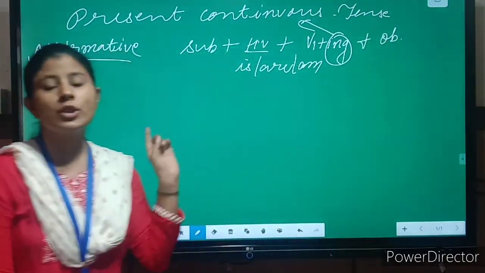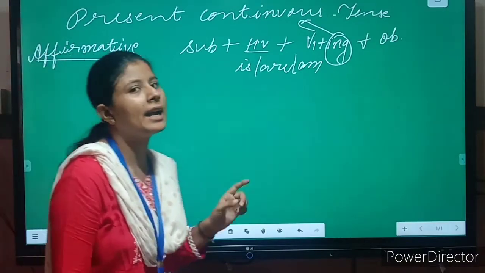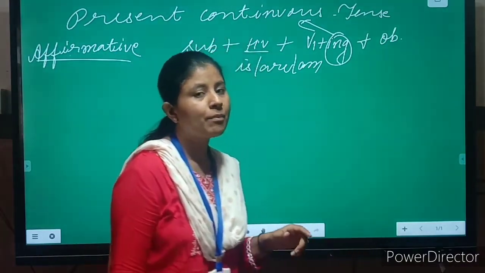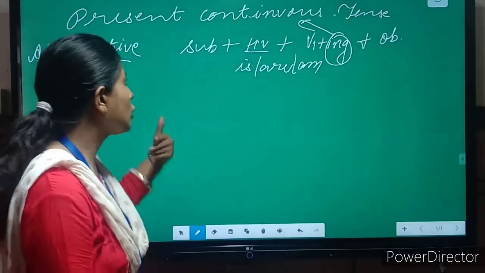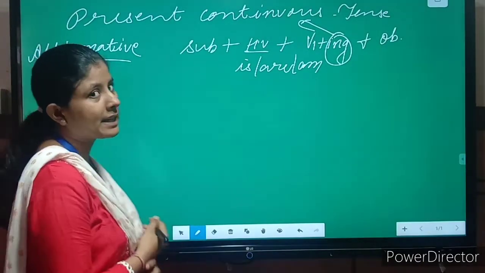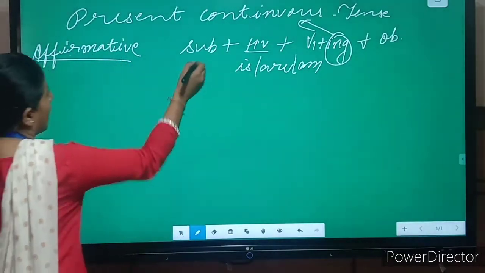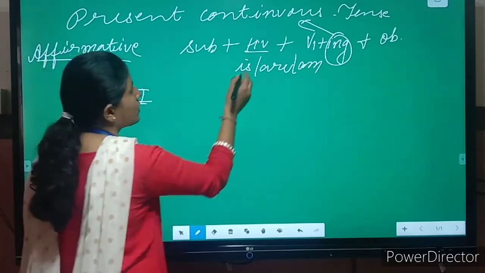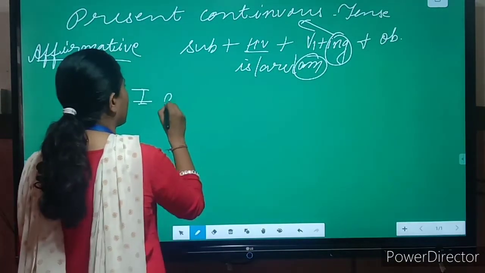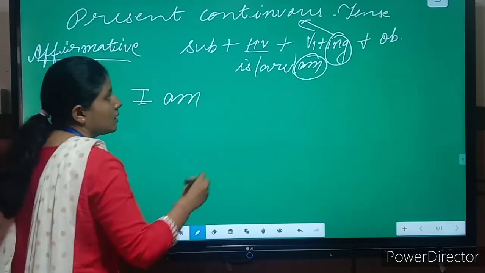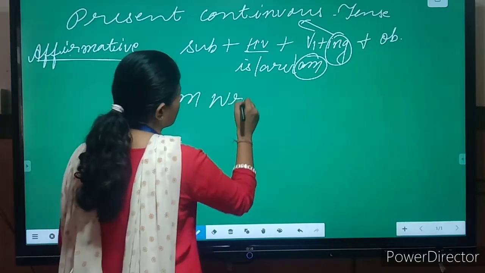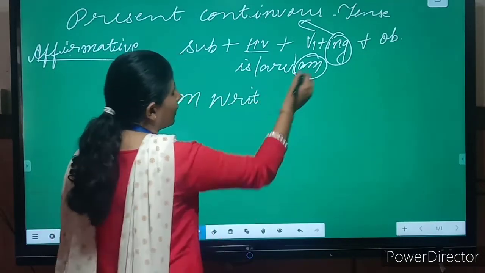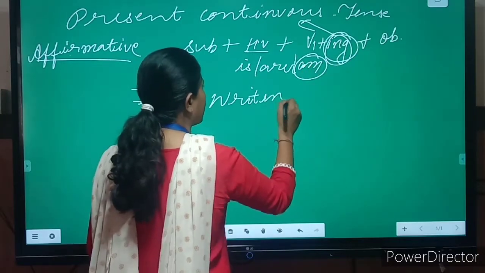Clear? So the sentence we read first, I like Maggie, that was simple tense. Now let's change it and take an example of present continuous. Like I, and with I we always use am, right? So I am, and then any verb like write. So ing, writing.